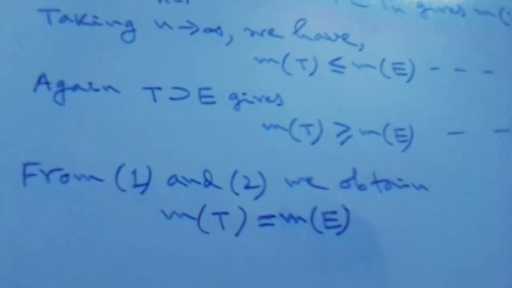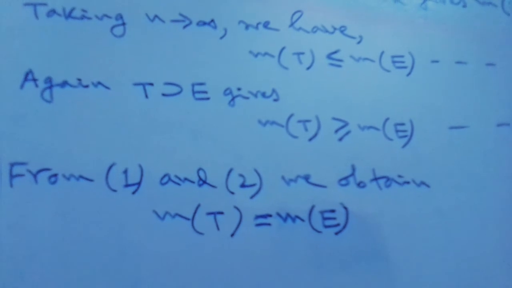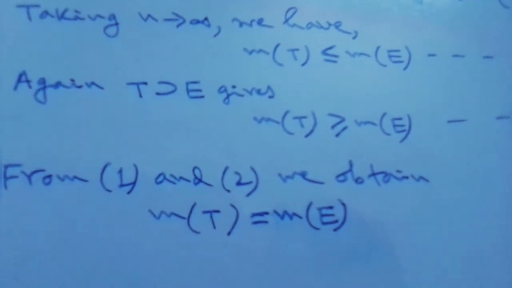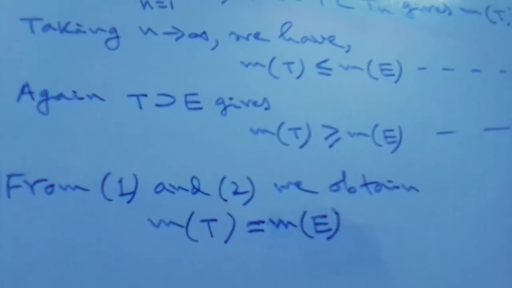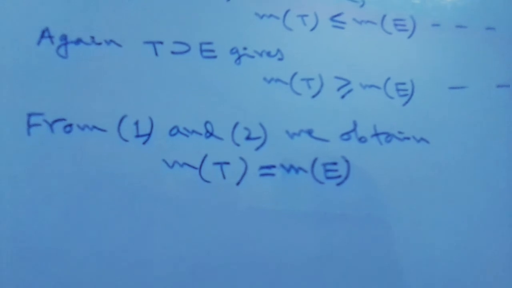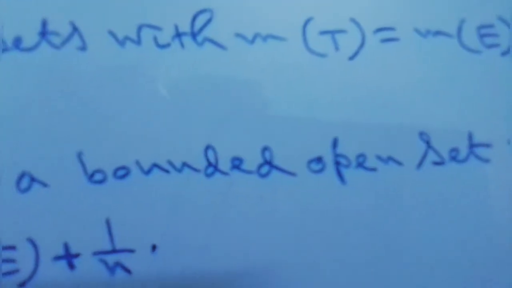Again, using the superset condition, T contains E, so T is a superset of E, which gives measure of E less than or equal to measure of T, equation number 2. From 1 and 2 we obtain that measure of T is equal to measure of E. That means these two measures are equal, as we claimed in our final conclusion.